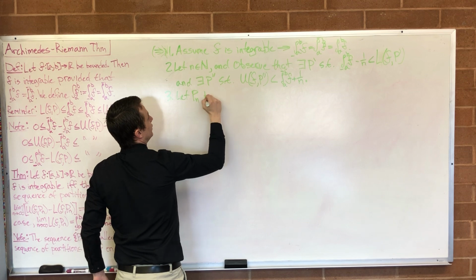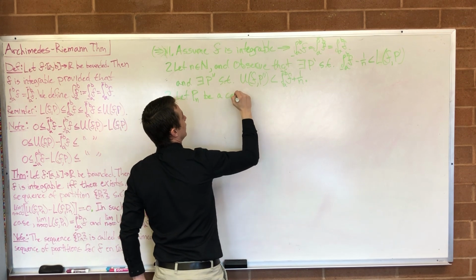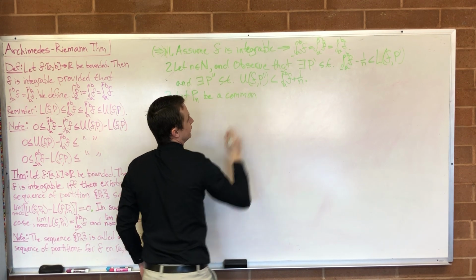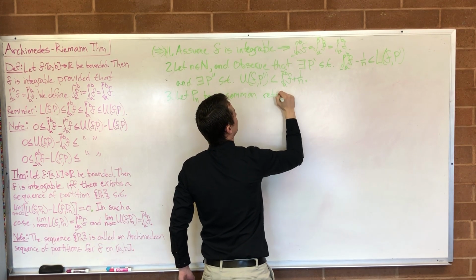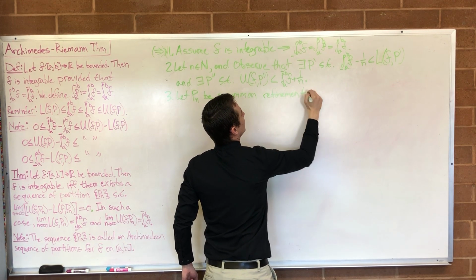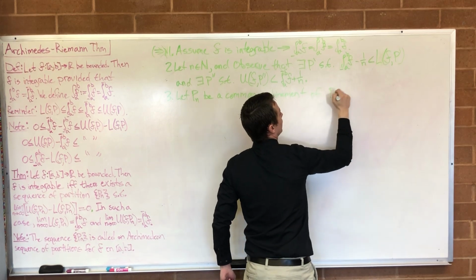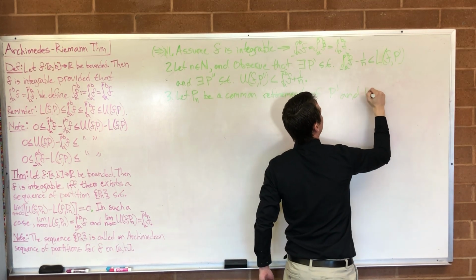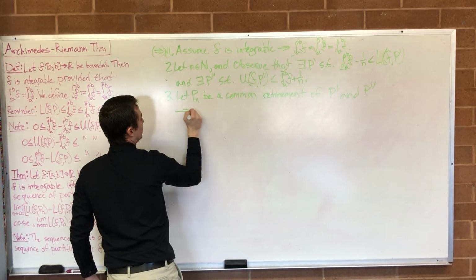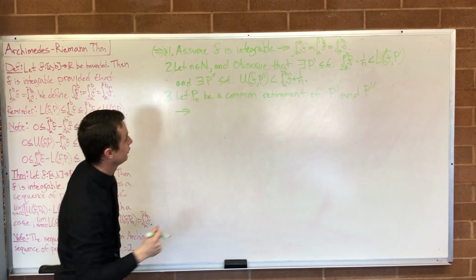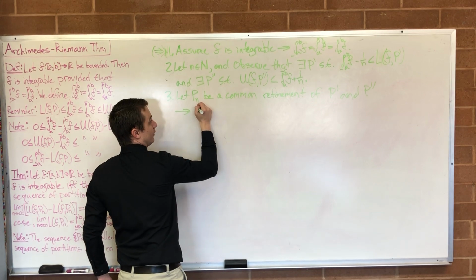Let Pn be a common refinement, I guess we'll say. I won't call it union in case that gets confusing. Let Pn be a common refinement of P prime and P double prime, which gives us that. And I'm also going to do a substitution here, so be ready for this to all come together.